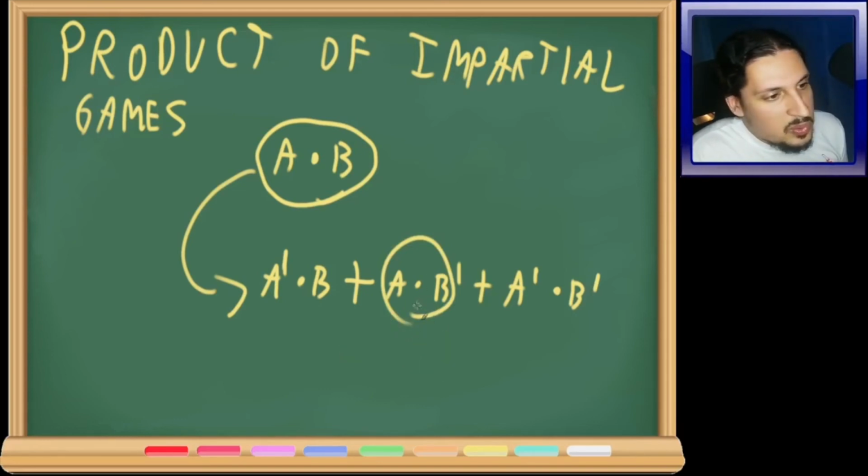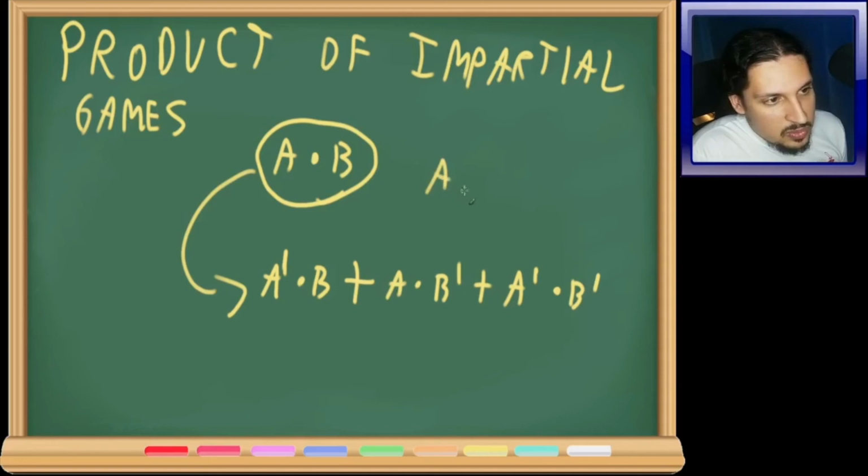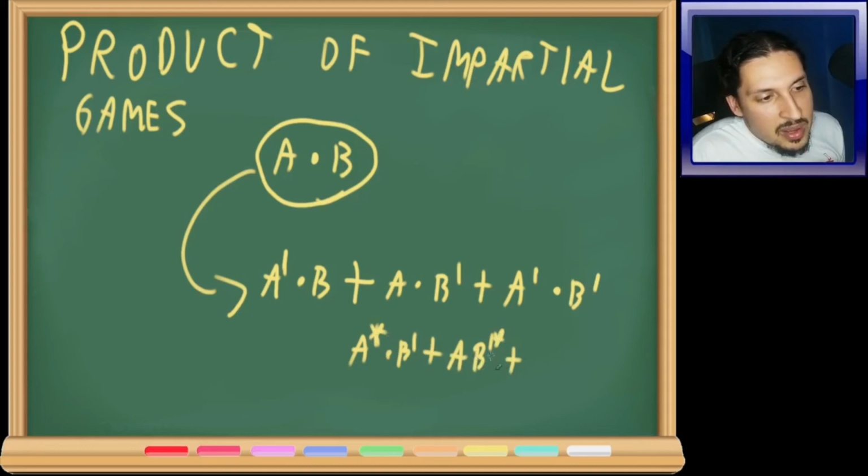For example, if you now in this one choose to move to A star and B prime star, the move here would be to A prime times B prime, B star times B prime, plus A times B prime star, the option that you chose, plus both of them, right?